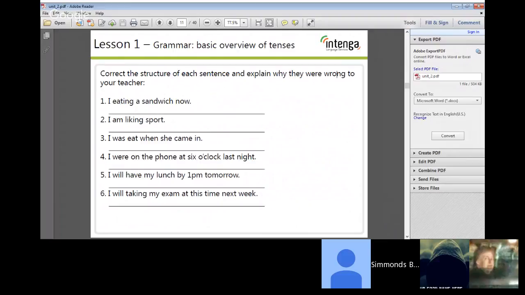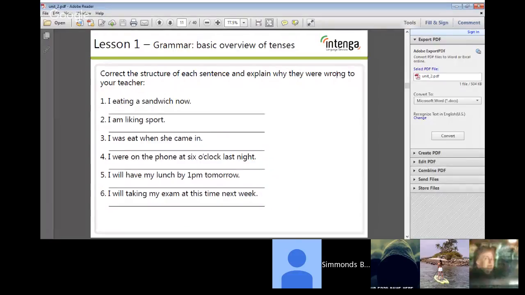Okay, good. And so what tense is this? Present. Present simple, maybe. Right? I like sport or I like sports is present simple. All right, so that's good.